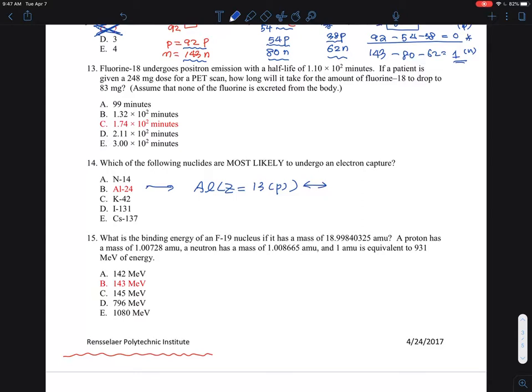The number of neutrons is 11, right? So 11 neutrons, compared to 13 protons.